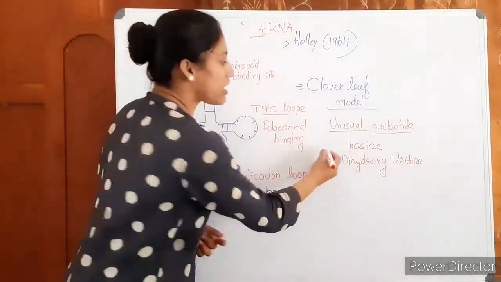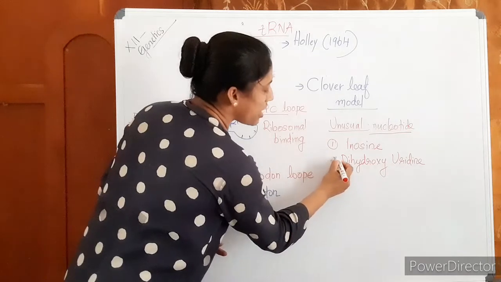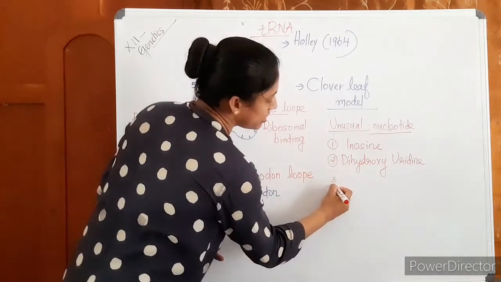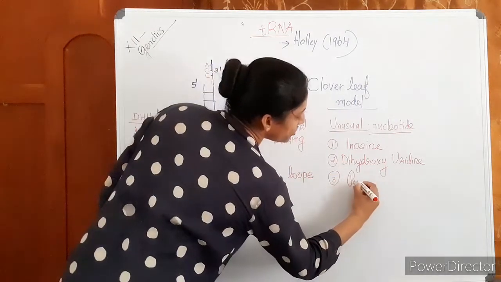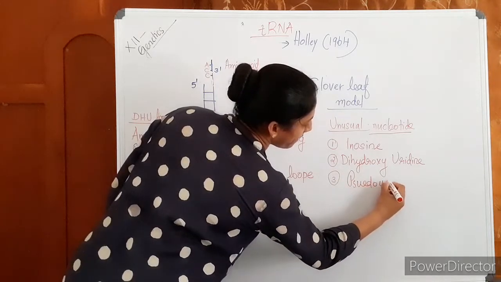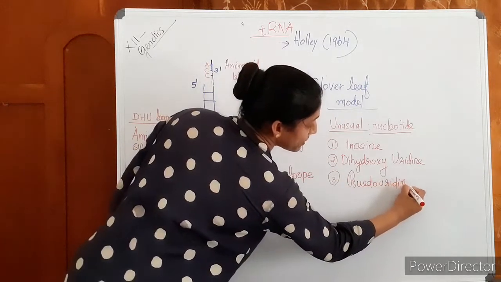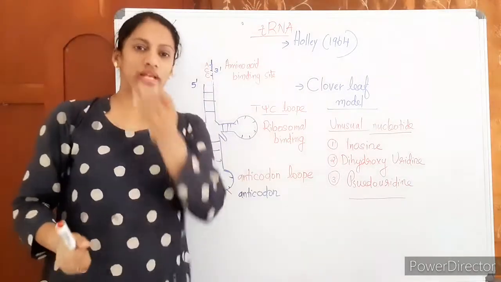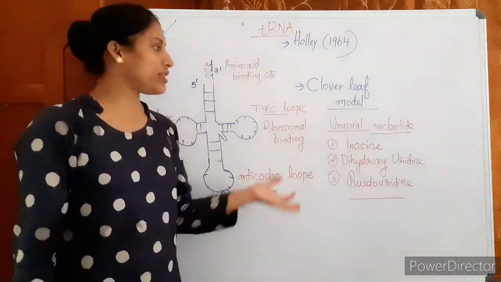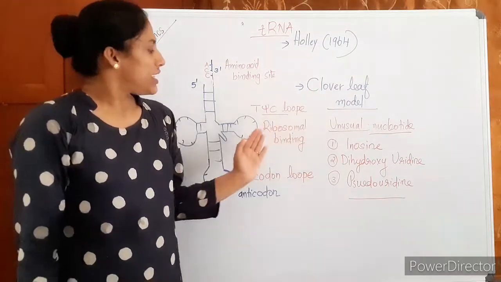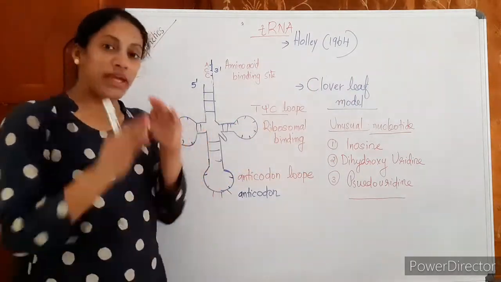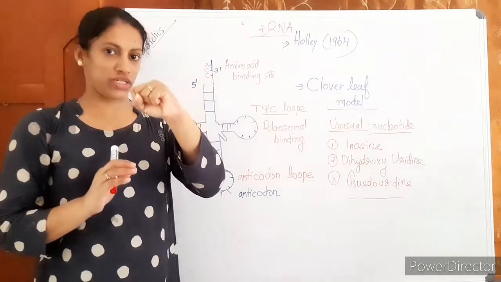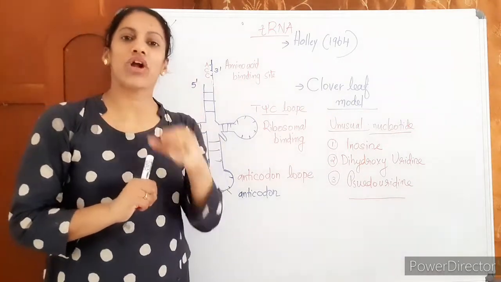Dihydroxyuridine is an unusual nucleotide, and this is another unusual nucleotide, pseudouridine. This may be a question for entrance exams. It may not come for our board exam, because it is not in the textbook. So these loops remain looped, not bonded, because their pairing is not possible.